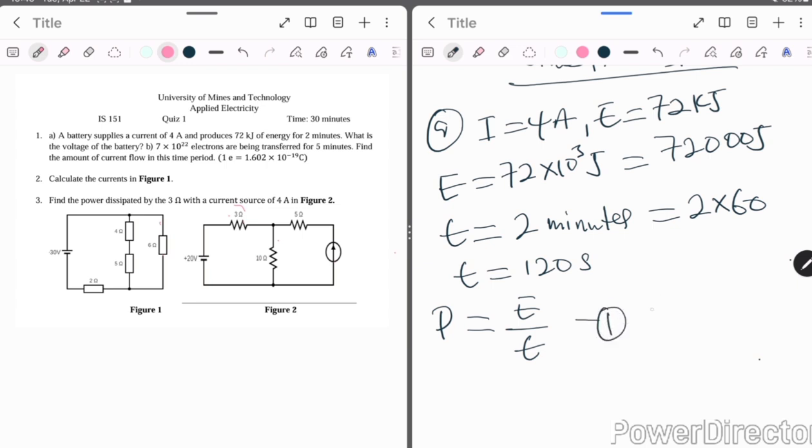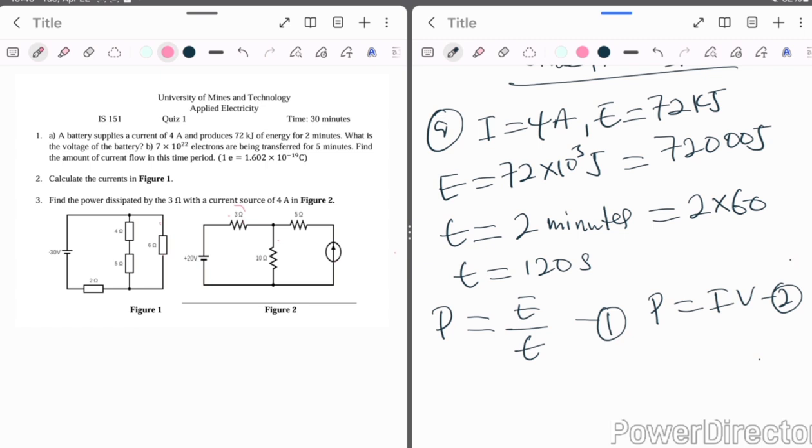Now we are going to write another equation for power, but this time using the current and the voltage. So power can also be equal to current times voltage. I'll label this equation 2. You can see we have power in both cases.